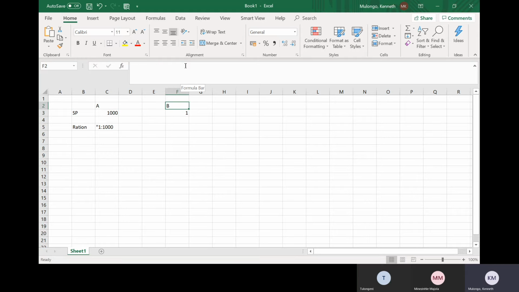Once these two companies come together, you would add the two market values together to create the new market value, the AB group, and their share price would be 1,001, because you just add 1,000 plus 1.